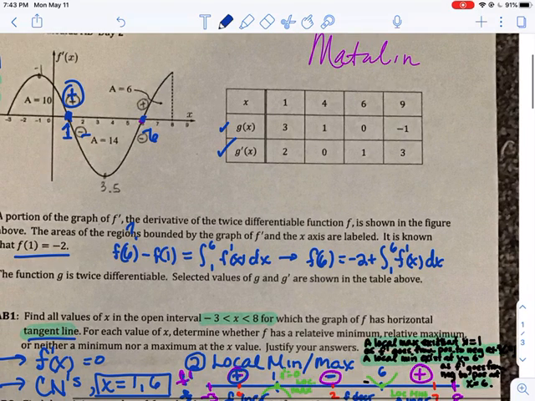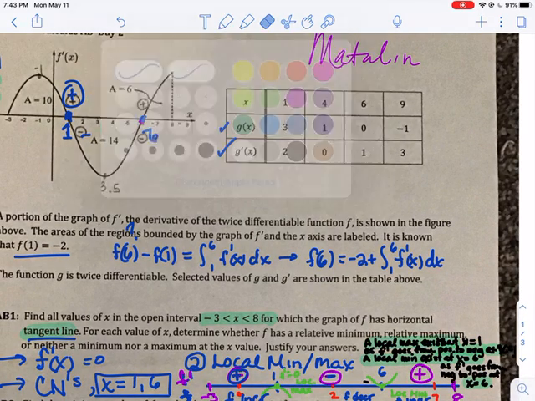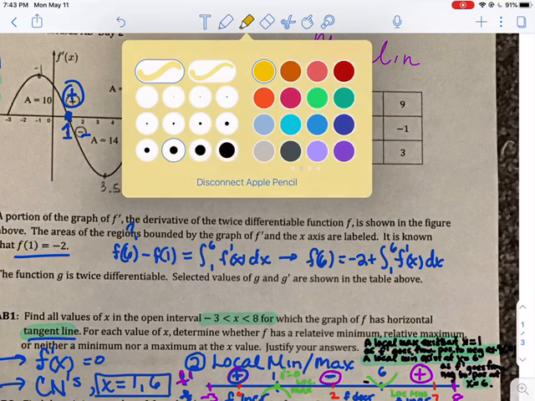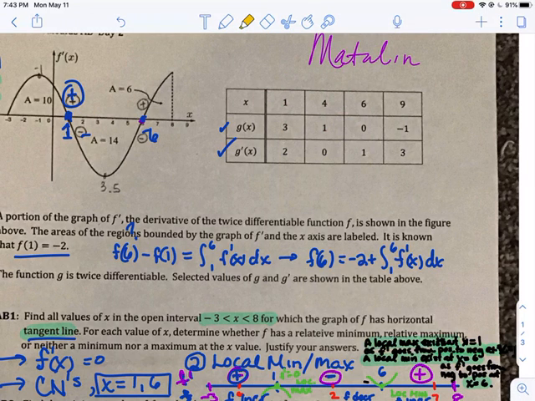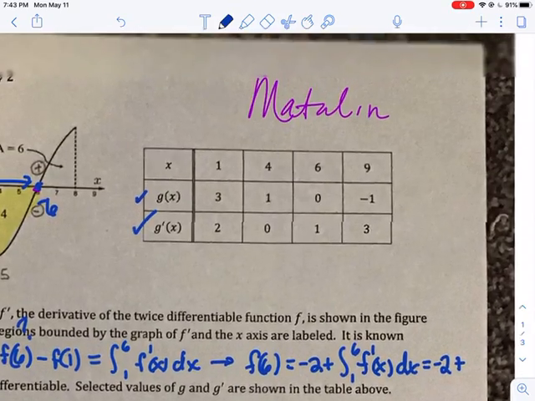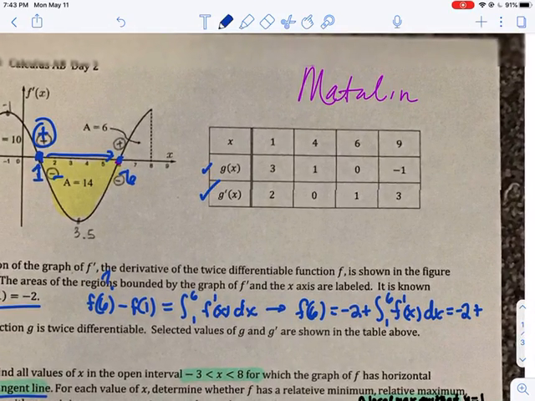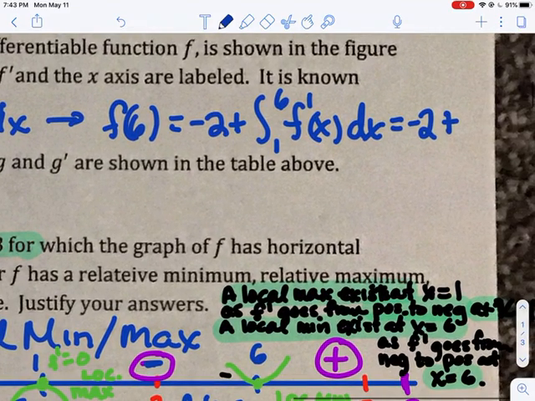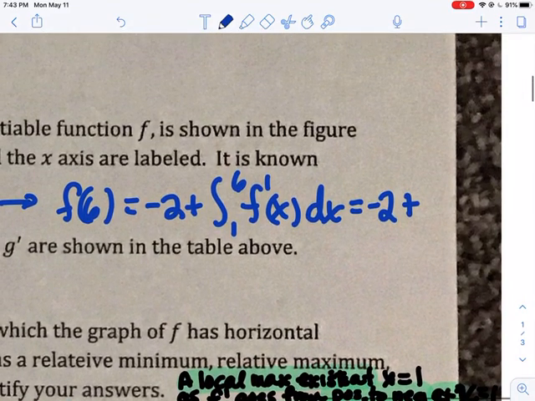If I look at the area from 1 to 6, it looks like this. Since you're moving forward, that's just equal to negative 2 plus the actual area from 1 to 6, which is 14, but it's negative 14 because it lies underneath the x-axis. So negative 14, and we have an answer of negative 16.